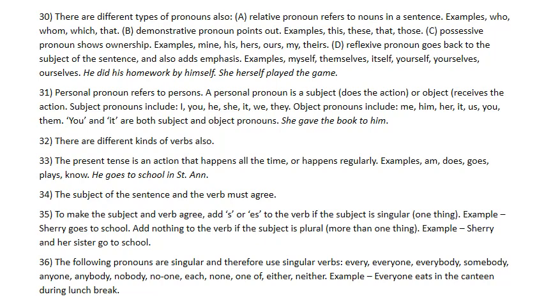There are different kinds of verbs also. The present tense is an action that happens all the time or happens regularly. Examples: am. Am is a present tense verb.